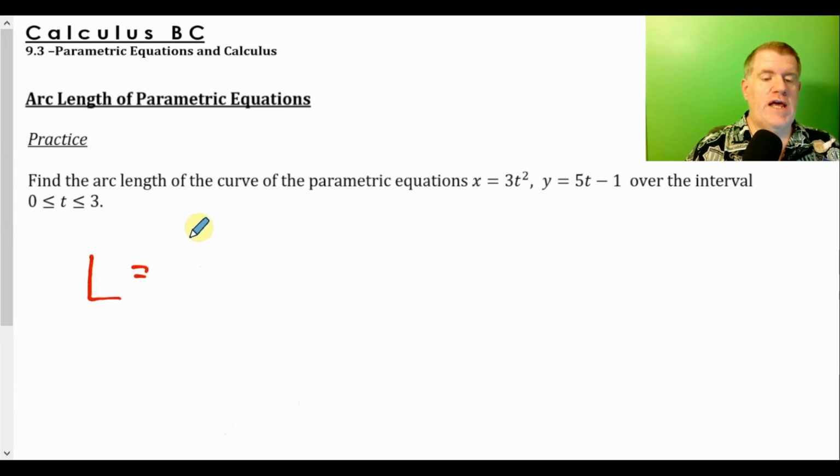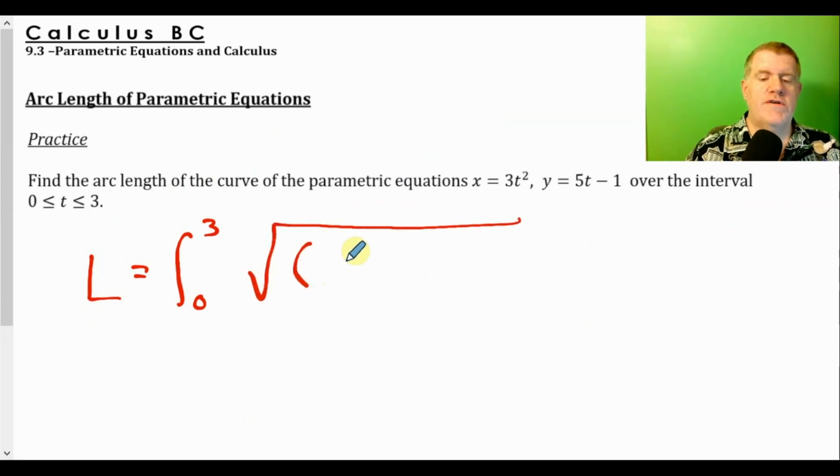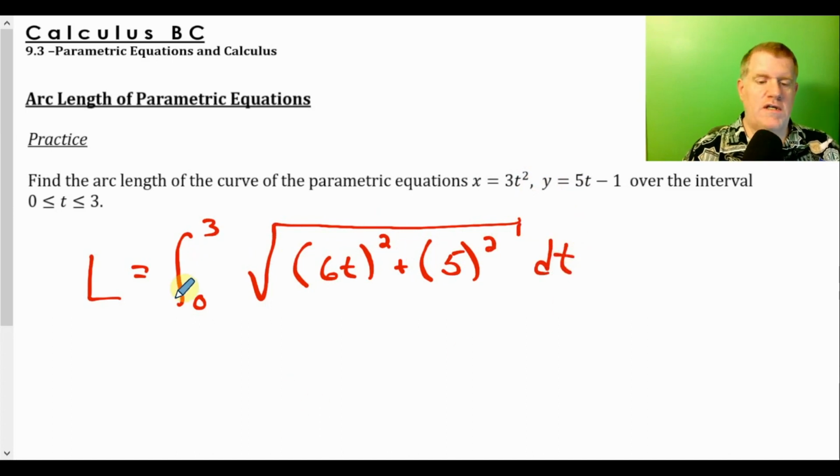Anyway, very easy application. Let's find the length of this smooth curve. So the length goes from 0 to 3. We're going to take the derivative of this, which is going to be 6t, square it, the derivative of y, which is 5, square it, take the integral with respect to t.